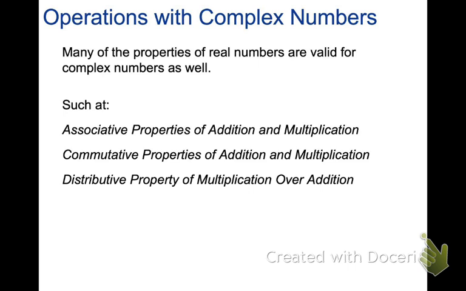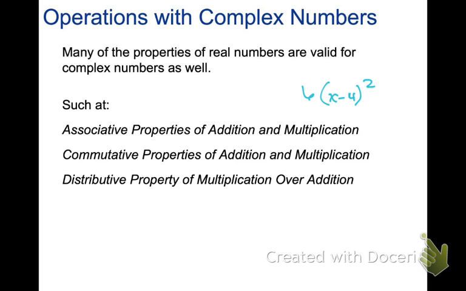Okay, so operations with complex numbers are the same as in the real number system. You have the associative property of multiplication and addition, the commutative property of addition and multiplication, and the distributive property. When you try to distribute into this quantity, you can't distribute the 6 in there, can you?